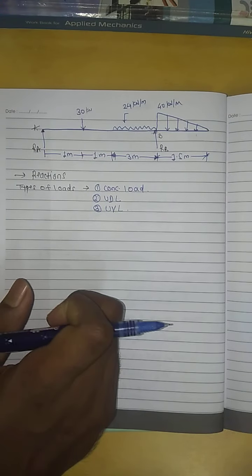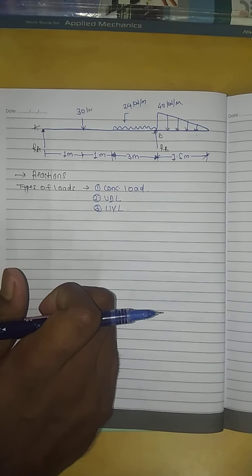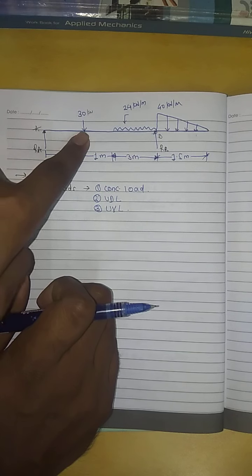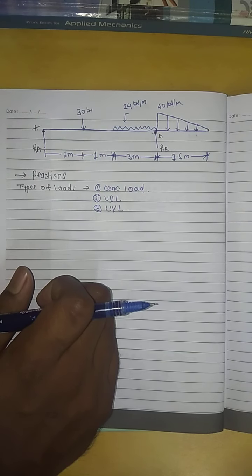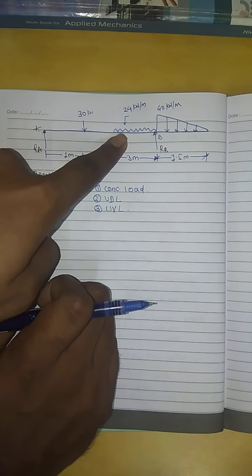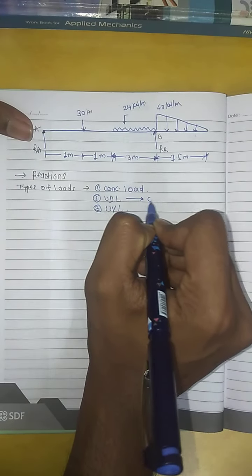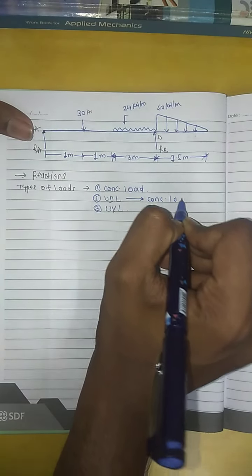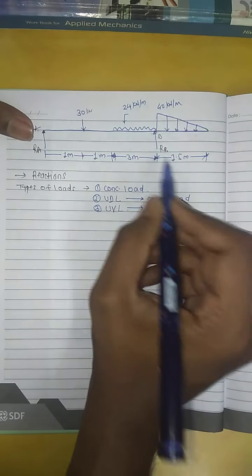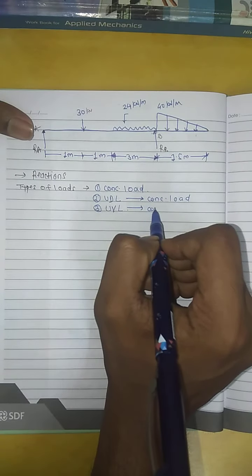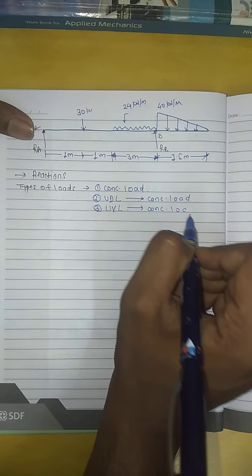So we have to convert all the loads into concentrated loads. This load is a concentrated load, so no need to convert. This load is a uniformly distributed load, so we have to convert it into a concentrated load. Again, the uniformly varying load, we have to convert into a concentrated load.